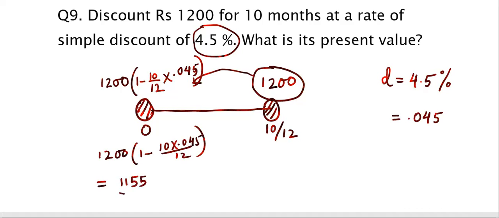You can check it. That means in 10 months, this will increase to this. Now, if you ask me what is the interest in 10 months, it's not 45. 45 is not the interest here.